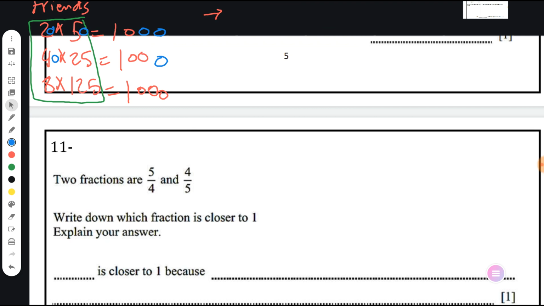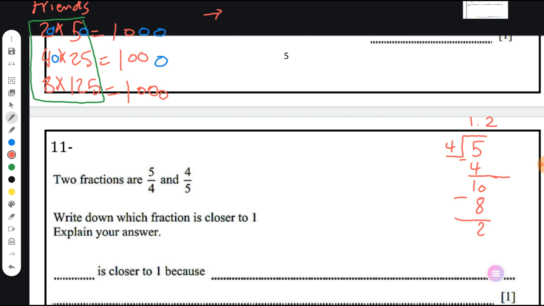Okay, 5 divided by 4, first decimal. 5 divided by 4 is 1. 1 times 4 is 4, subtract, 1, put 0, put point, put 0. 10 divided by 4 is 2, it will be 8, minus it will be 2.